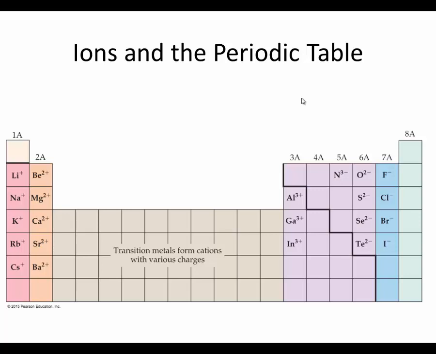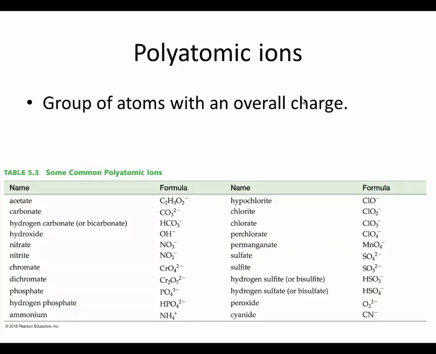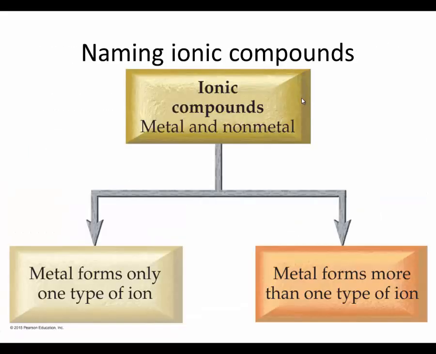Those are the type 1 metals. So, group 1A, group 2A and group 3A. Group 3A is basically aluminum and the couple of elements below it. They will always be +1, +2, and +3. Those are metals that form only one type of ion.